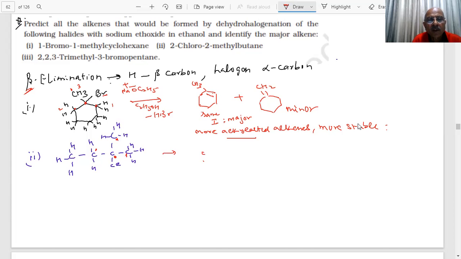So what will happen? CH3, CH double bond, CH3. If this goes, CH3, what is the second one? If I take CH3, CH2, C double bond, you have here CH3, CH2.